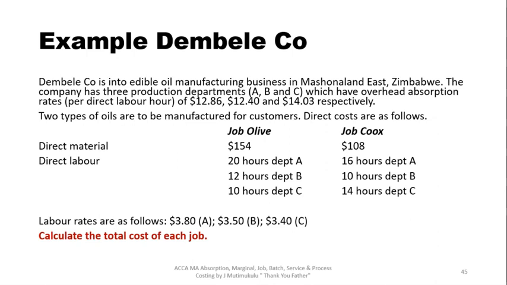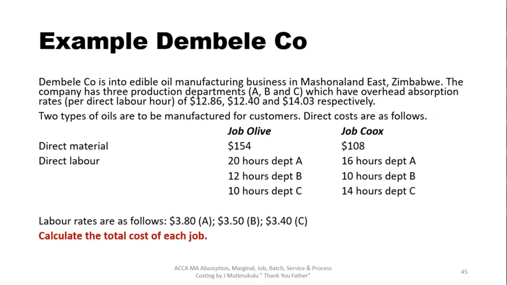Direct costs are as follows: job olive, job cooks. Labor rates are $3.80 for department A, $3.50 for B, and $3.40 for department C. Calculate the total cost of each job.